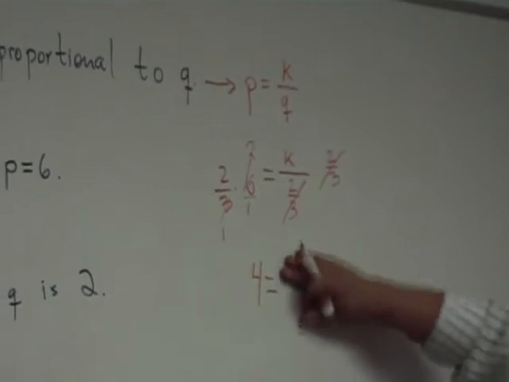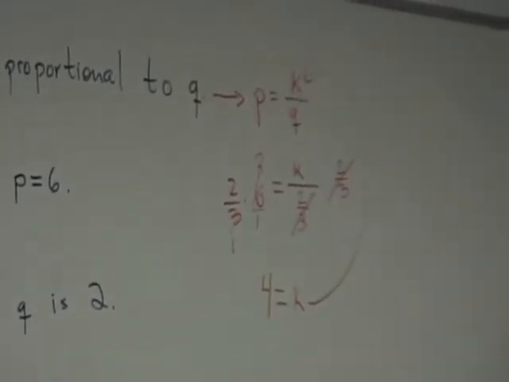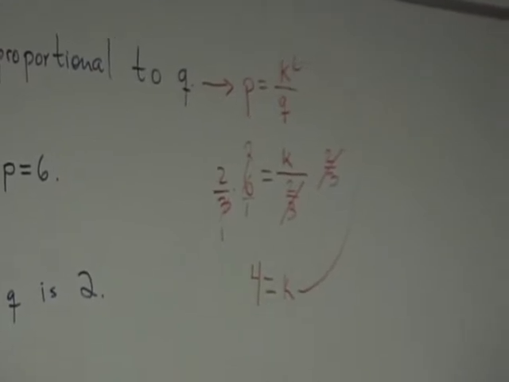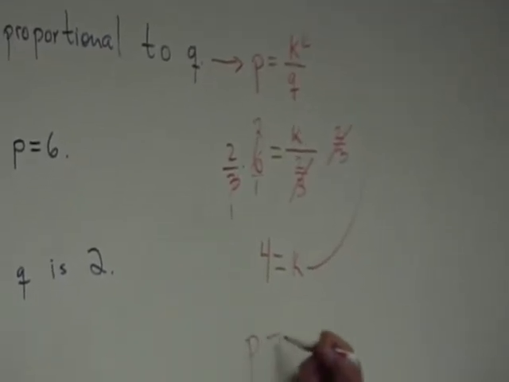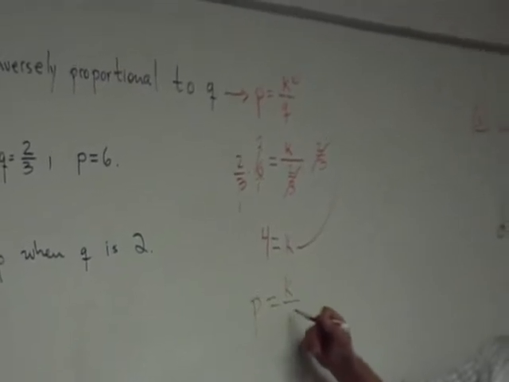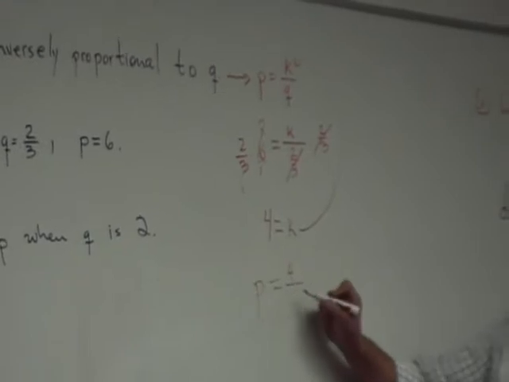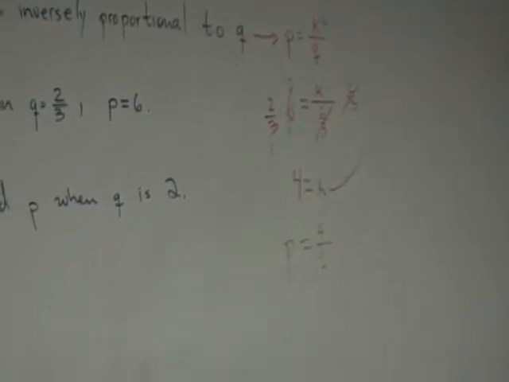Again, I can take this k and plug it right in here, and here's what I get. P is equal to 4 over Q. That's my equation.